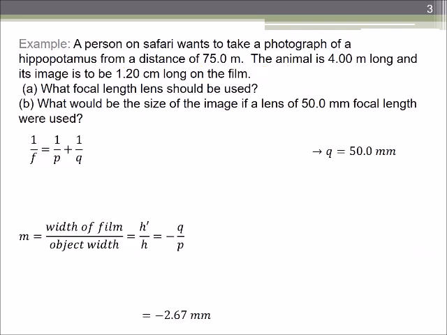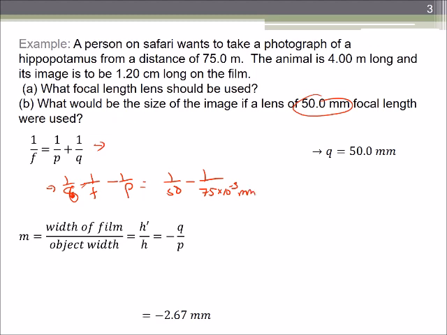The next thing I want to do is find what size of image we would have if we switched to a 50 millimeter focal length lens. So we're just going to run those equations in reverse. We get 1 over Q is equal to 1 over F minus 1 over P, so I get 1 over 50 minus 1 over 75 times 10 to the negative third millimeters.